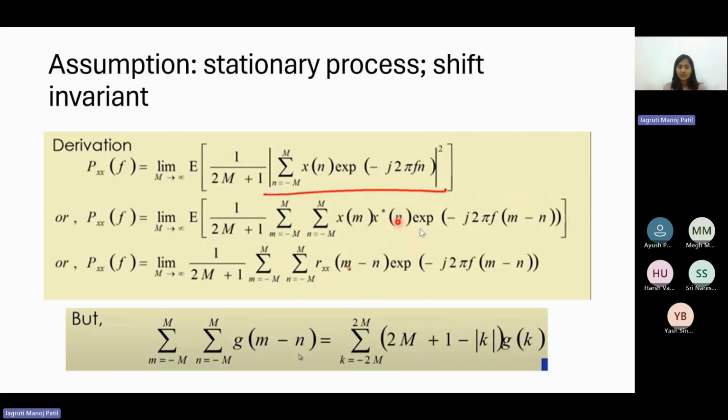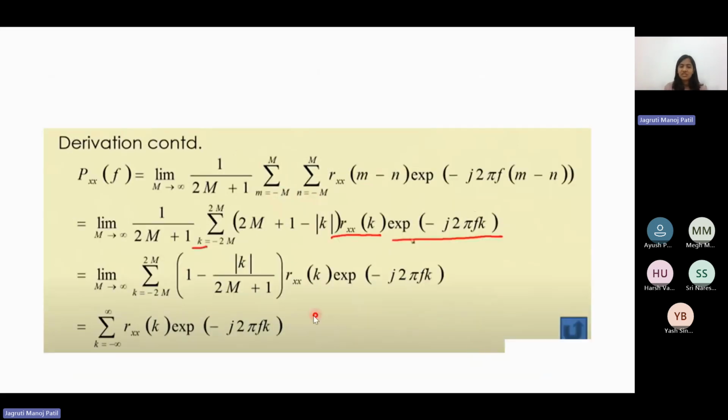Because of these two variables, there's an inherent assumption that if we have a term g of m minus m, we take the total number of points as 2m plus 1. It's like what we normally had in the same sequence, minus k. Now k here is a factor which will determine how well you are able to smooth it. If you see over here, this is our original term.